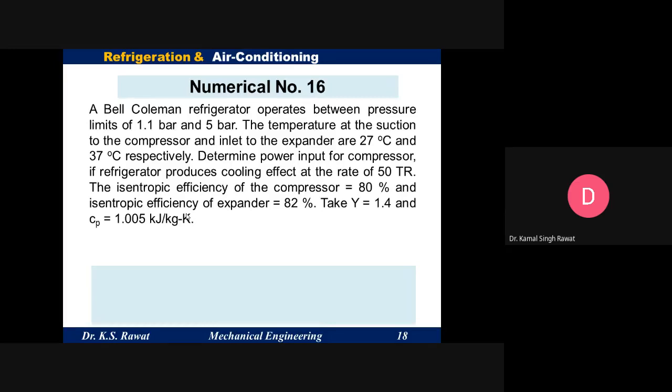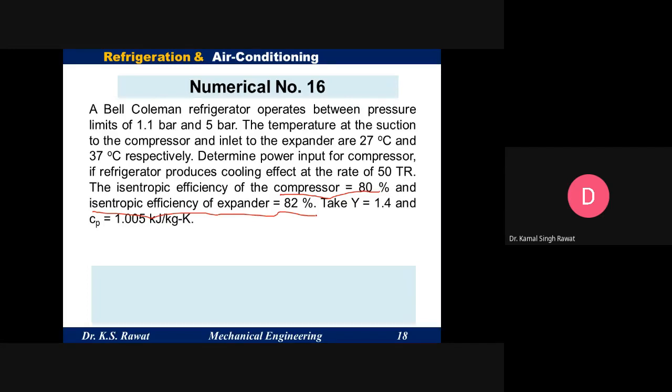Point to be noted, in this numerical we have isentropic efficiency of compressor and isentropic efficiency of turbine or expander. So it means these processes are not isentropic. There is some irreversibility and the efficiency of the turbine and compressor is given.